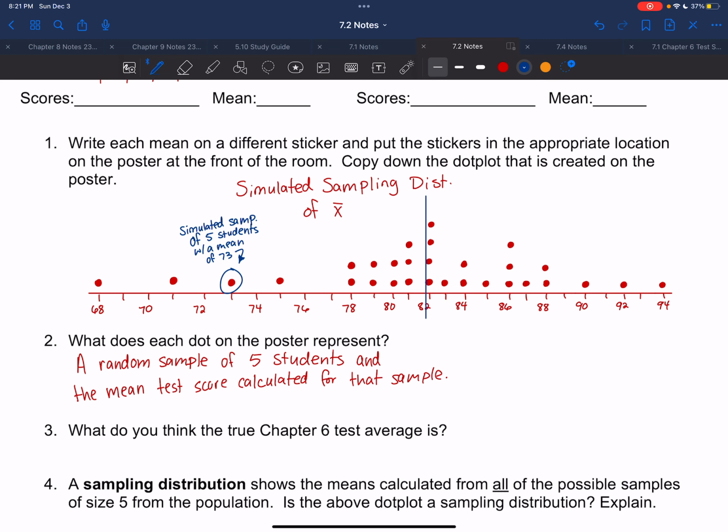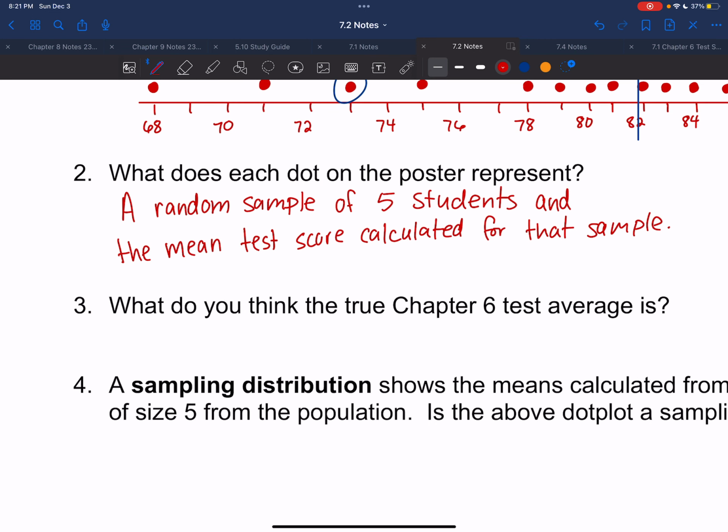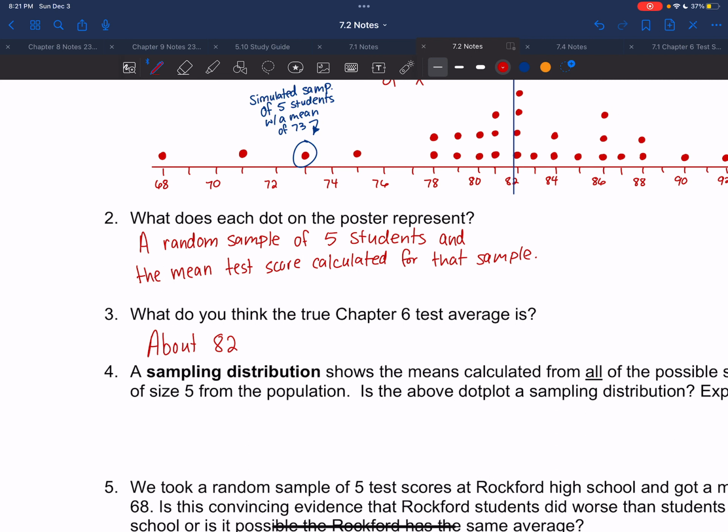Okay. So it says number 3, what do you think the true Chapter 6 test average was? I'm going to say it's about 82. Okay, I can't really tell for sure. Now, the actual true mean. Okay, here, let me check my calculator again. The actual true mean in this case was 82.7.